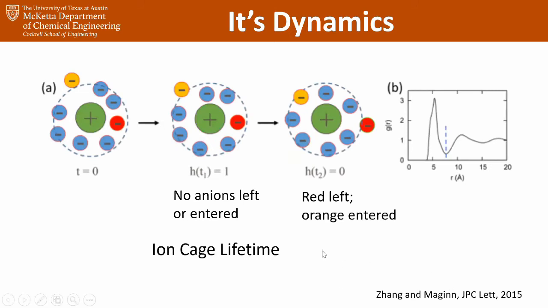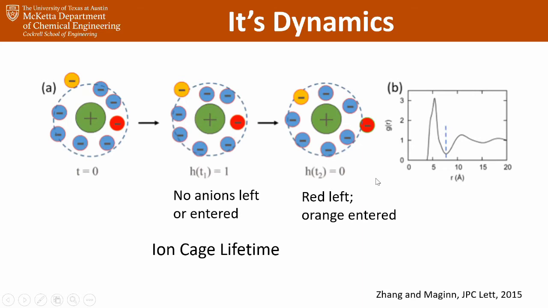Ed also, they defined an ion cage lifetime, right? So that's where you say, okay, what are the anions around a central cation, and then look at how that evolves with time, so that, how long is it before one of those goes outside of a cage of a given size and somebody else moves in.